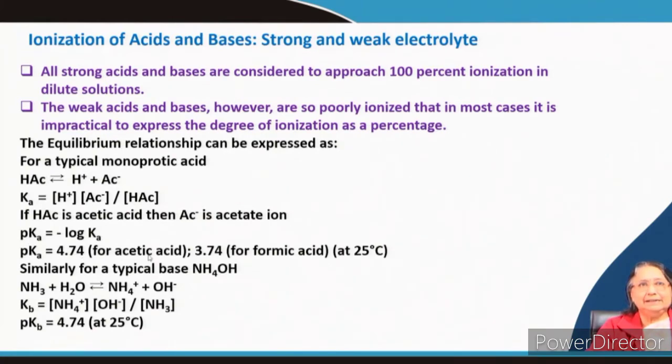For acetic acid it is 4.74, and for formic acid, because it is stronger than acetic acid, it is 3.74 at 25 degree centigrade. So, you can see that the stronger the acid, the lower the pKa value. In this case formic acid is stronger than acetic acid, that is why its pKa value is lower than the pKa value of acetic acid.